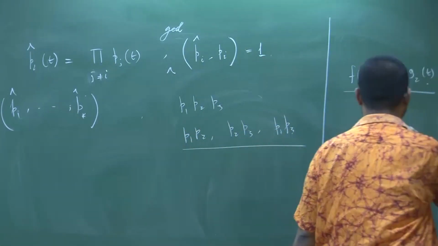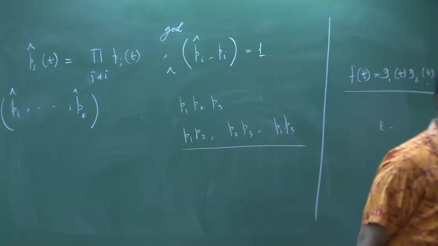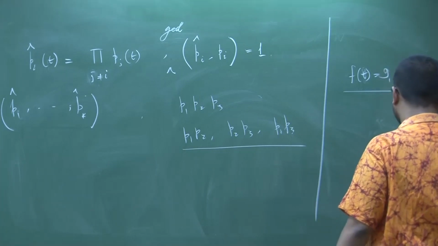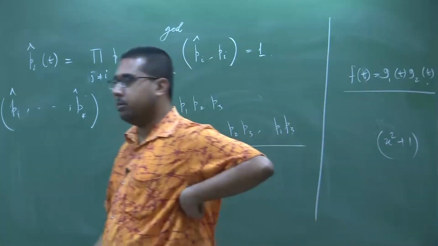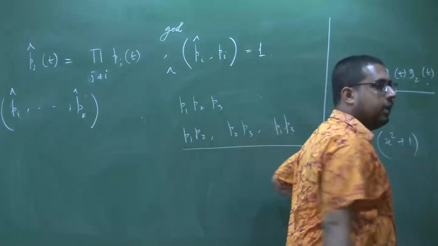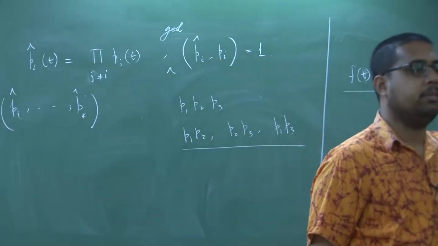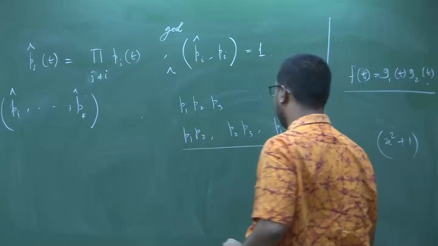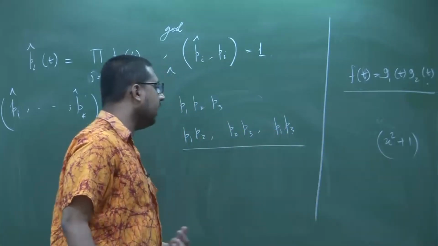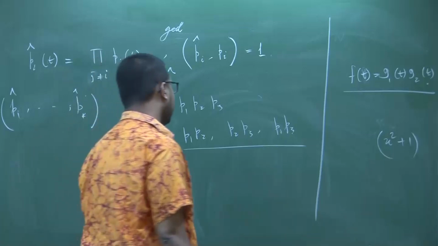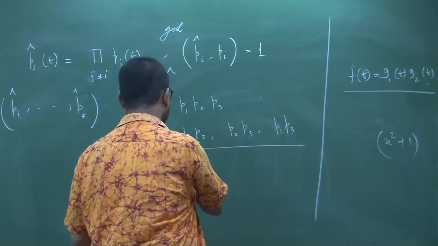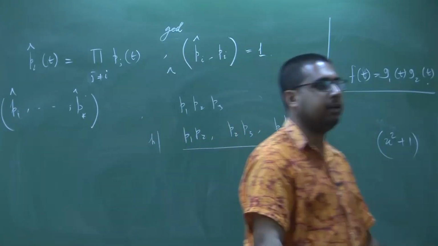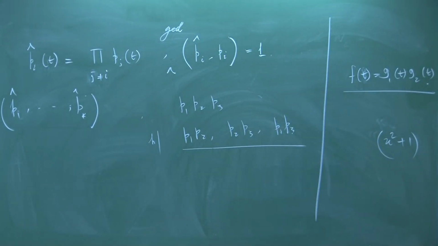For example, over C the only irreducible polynomials are the linear polynomials. Over R, x square plus 1 is indeed a quadratic irreducible polynomial, because if it were reducible it would have split over R, and that is not possible because it does not have a root in R. So, if something divides all of them, it is very easy to see a contradiction, because an irreducible polynomial, if this is H, whenever it divides a product it has to divide one of them.